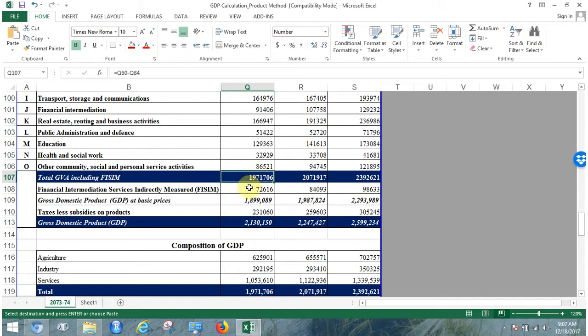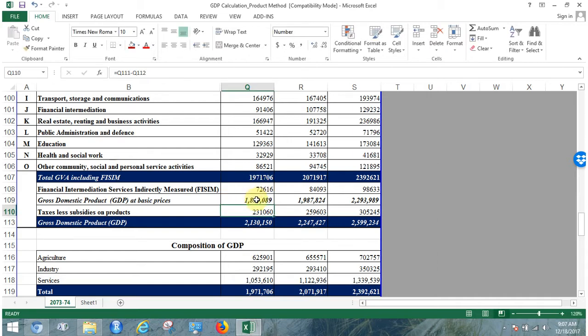Since this is taken as an intermediate consumption, this should be subtracted from the GVA first. So this figure is simply the difference between total GVA and the financial intermediation services.